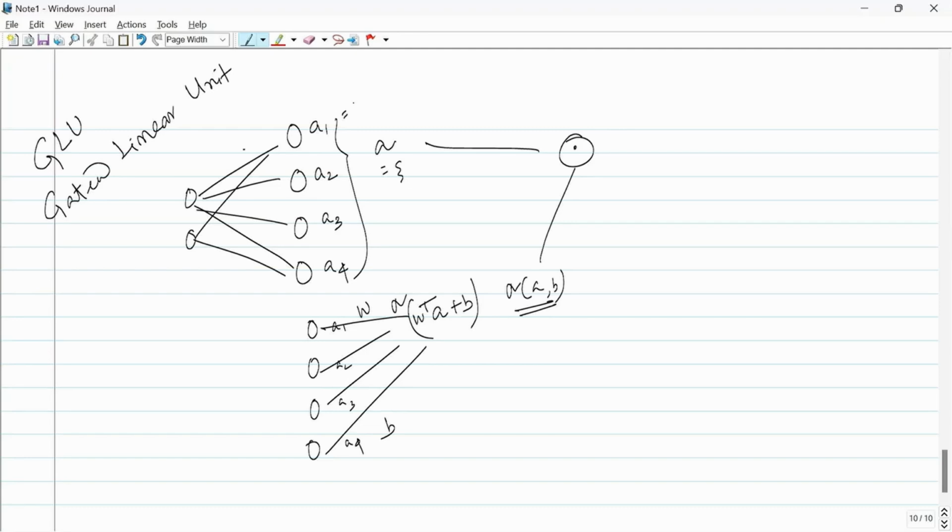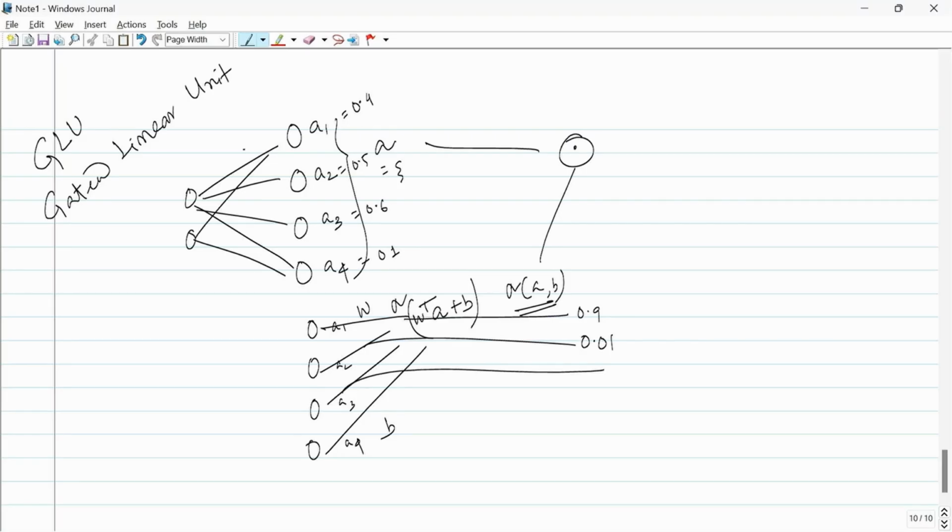So let's say A1 is 0.4, this is 0.5, this is 0.6, 0.1, right? And after sigmoid, let's say this value is going to be 0.9, let's say this is 0.01, this is 0.2, 0.8. These are all imaginary numbers, by the way.